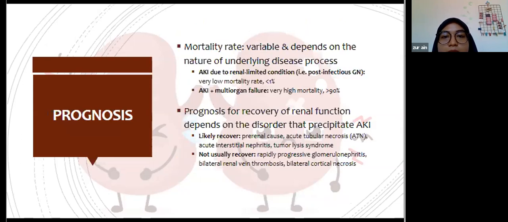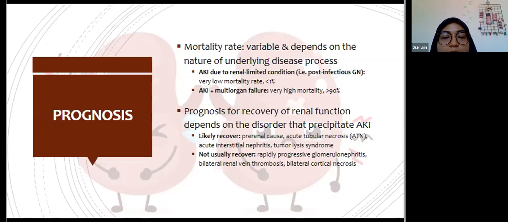So for prognosis, the mortality rate of children with AKI is variable, and it depends on the underlying disease itself. Basically, if it's due to a renal limited condition, there is very low mortality, while if there is AKI with other organ failure, there is high mortality, more than 90%.